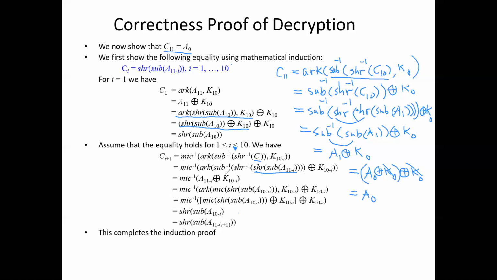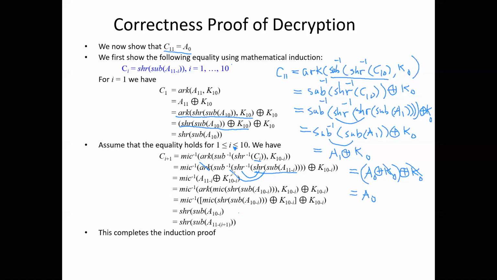Then you can see this shift is canceled. After that, this sub is canceled. So what we're going to have is A11 minus I, and then add round keys. So when I have exclusive OR here, this should not be there because this has been exclusive OR.